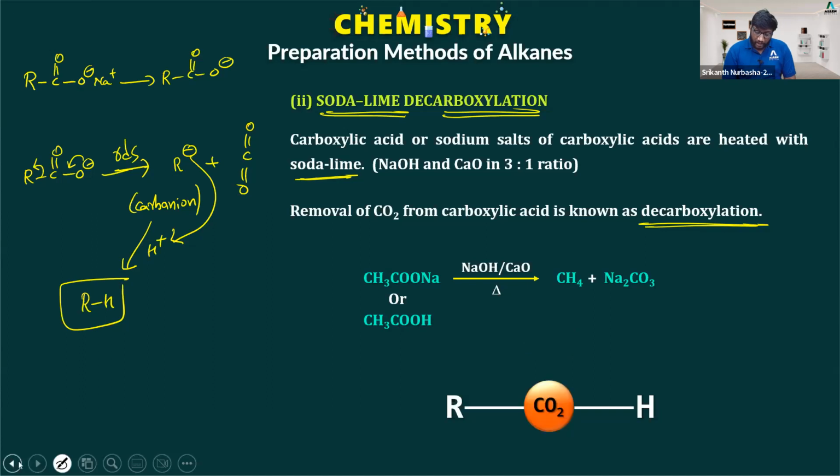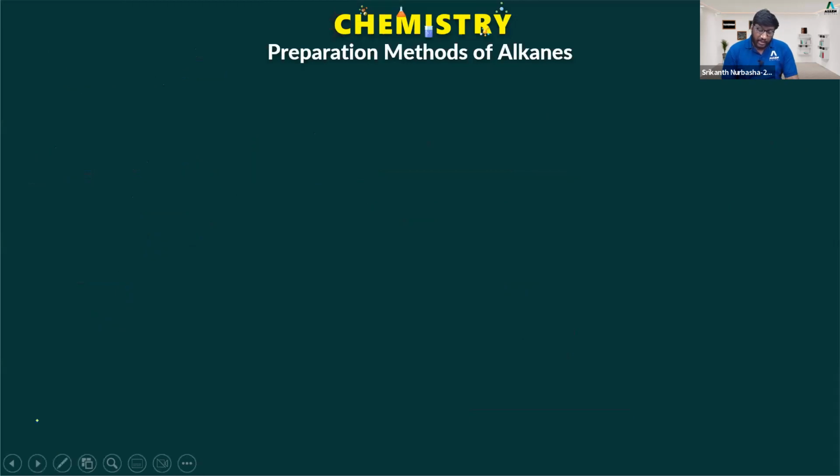The CO2 we have to remove, and you have to directly connect the alkyl group with hydrogen. So what is the complete mechanism, students? You have RCOOH. I have taken some carboxylic acid and I am adding NaOH, right? This NaOH will pick up this proton. It will form RCOO minus Na plus and H2O.